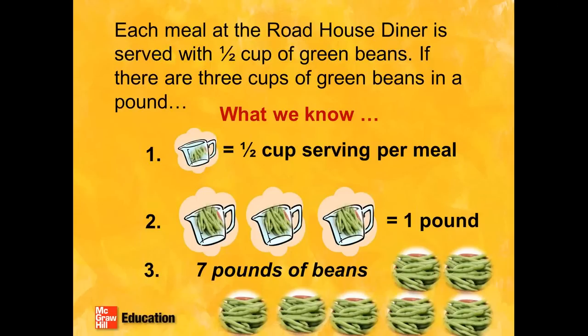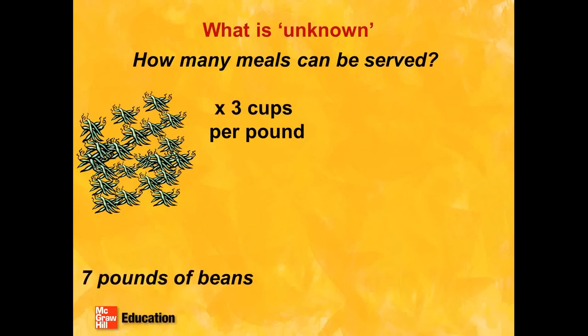The use of drawings is one way of modeling how to set up the problem. From there, students may begin to think about how to divide out those 7 pounds of green beans into the 3 cups.